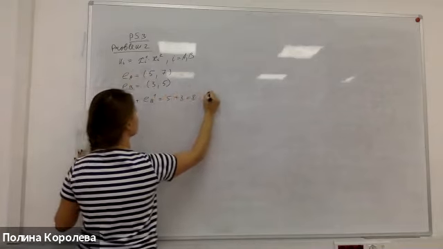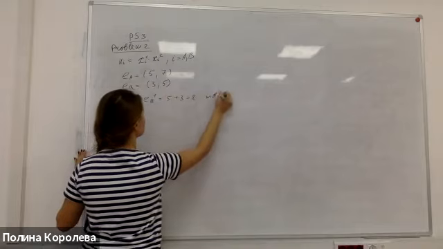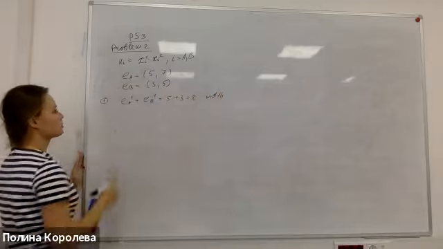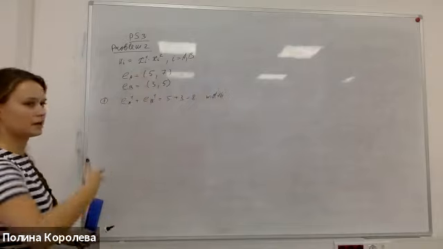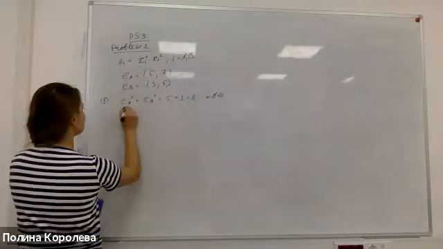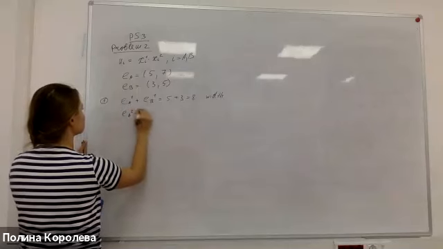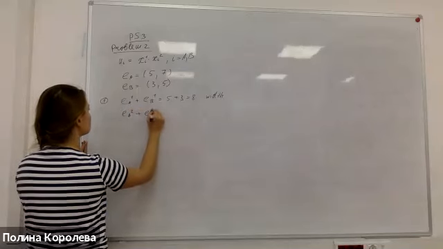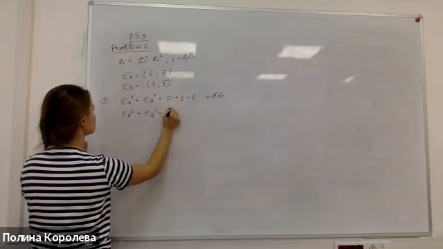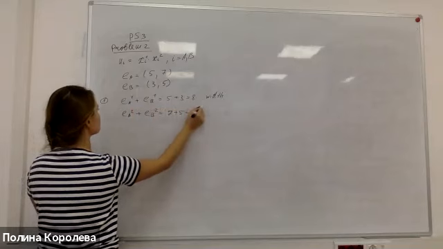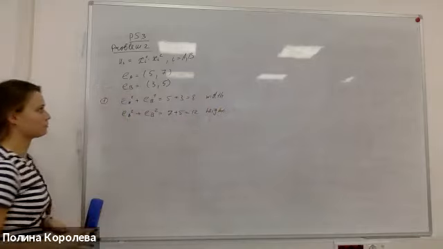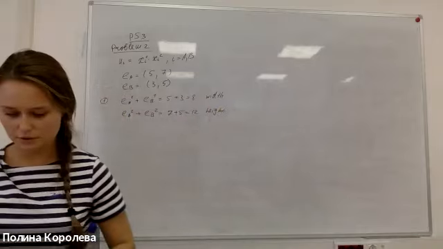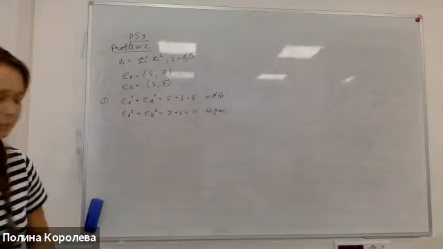It is 8. It is the width of the Edgeworth box. We should sum up endowments of good 2 to find out the height of the Edgeworth box. EA2 plus EB2 is equal to 7 plus 5. It's 12. Height.